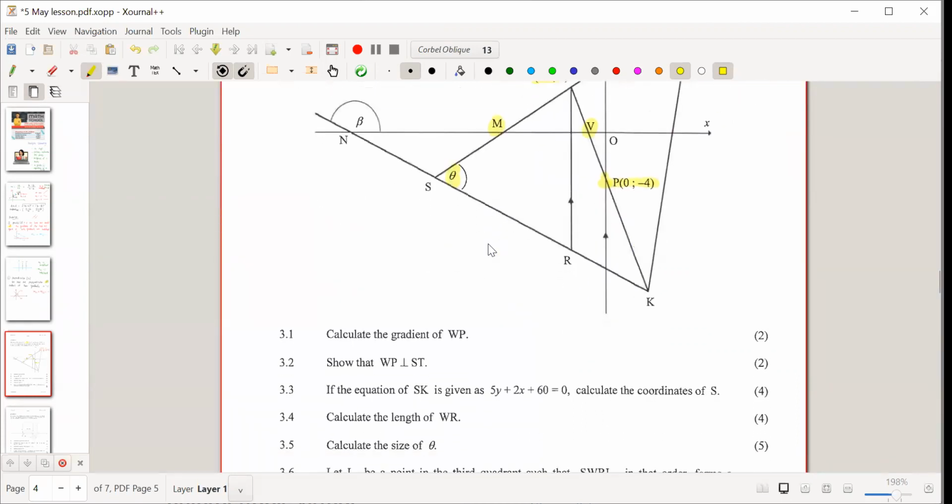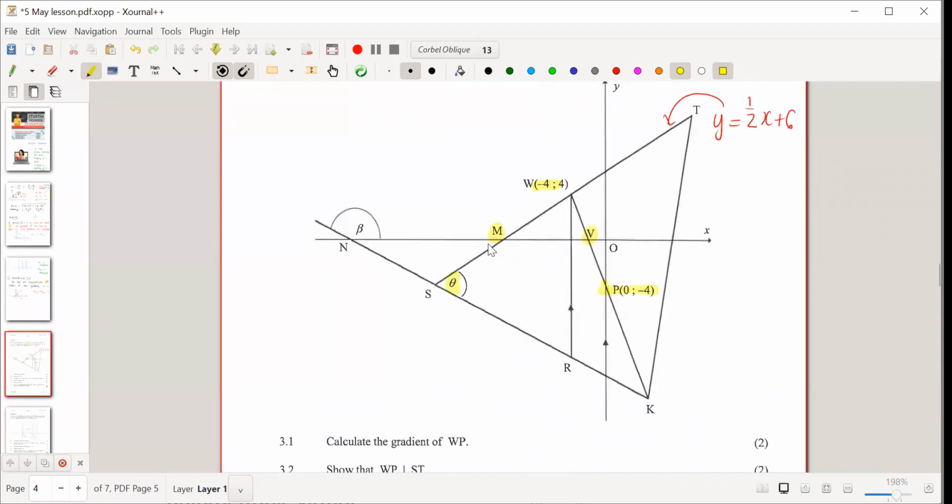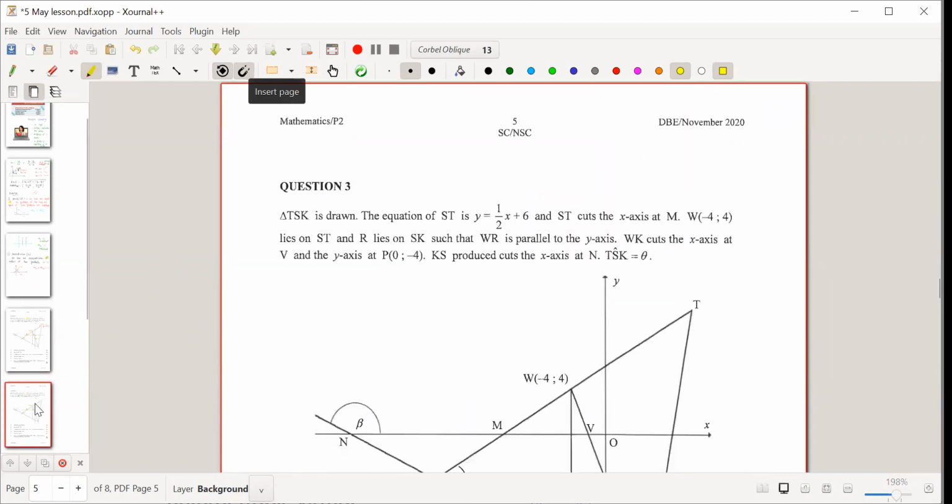The first question says, calculate the gradient of WP. Where is WP? WP is the line segment from W that cuts at this point P, but of course it continues to K. So if we're calculating the gradient of WP, it's still representing the gradient of WK. But in any case, are we able to easily calculate the gradient of WP? That's the question.